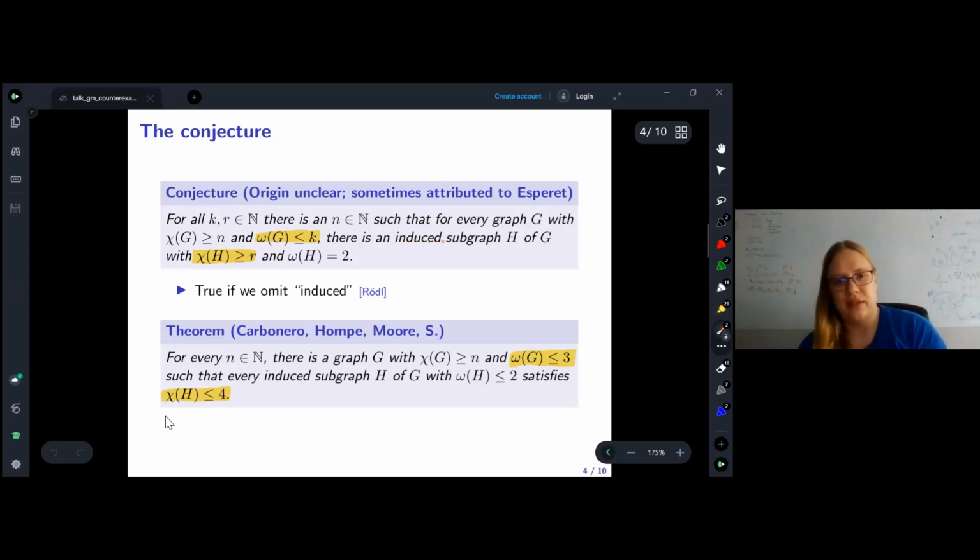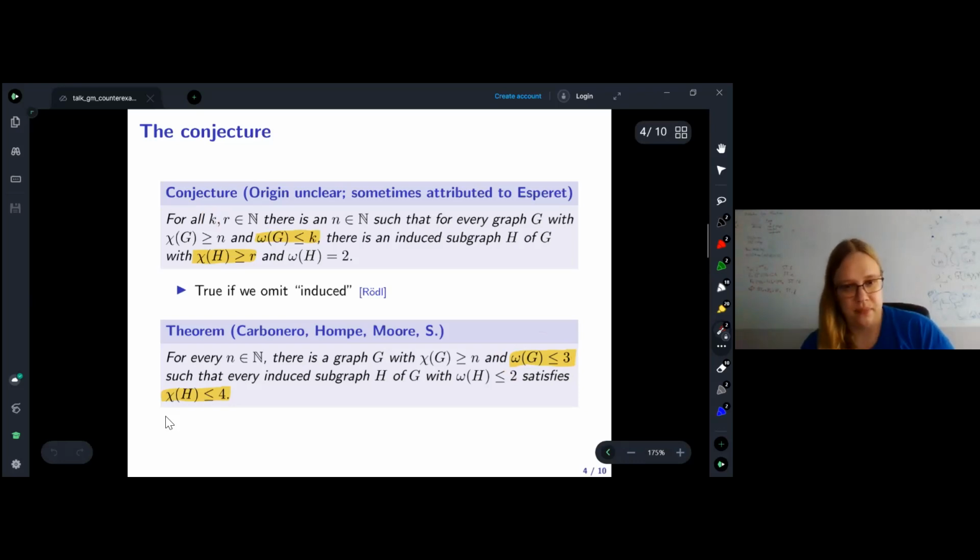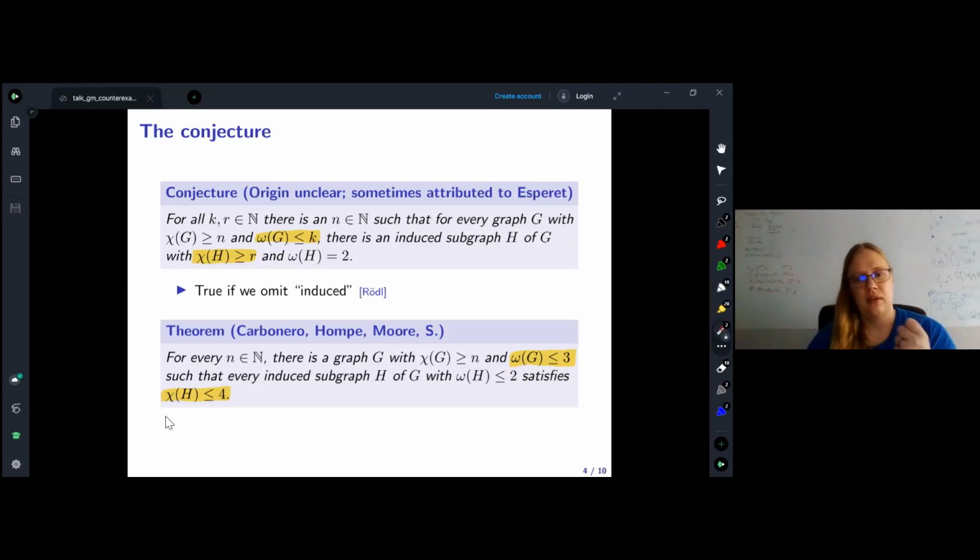But for induced, it's false, and it's false in a very extreme way, which is that even if I just look at k equals 3, then there's a counterexample. So if I look at graphs that have clique number at most 3, then within there I can find graphs with arbitrarily large chromatic number, but every triangle-free induced subgraph has chromatic number at most 4.